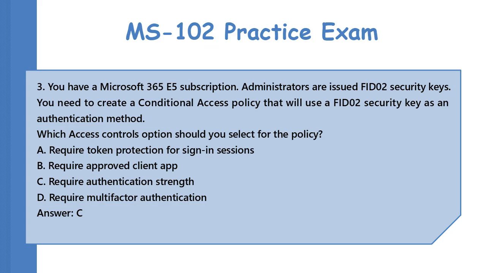Which access controls option should you select for the policy? A. Require token protection for sign-in sessions. B. Require approved client app. C. Require authentication strength. D. Require multi-factor authentication. Answer: C.